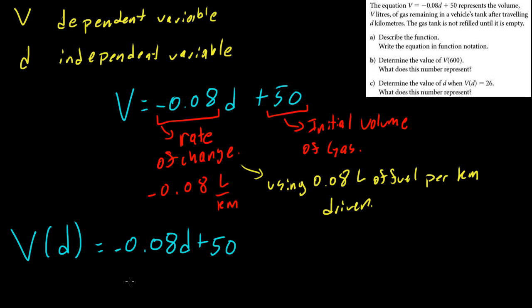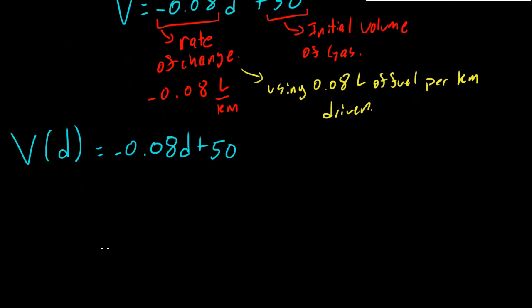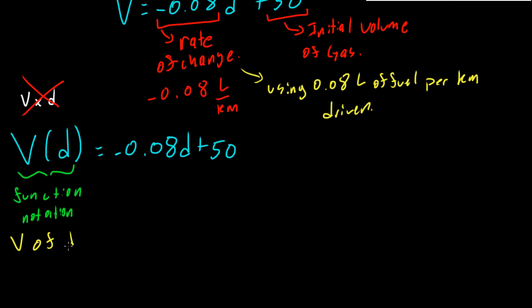It really is the same thing, except what we're saying here is that this is function notation. This is not saying v multiplied by d. That is not what we're saying here. We're saying it's v of d.